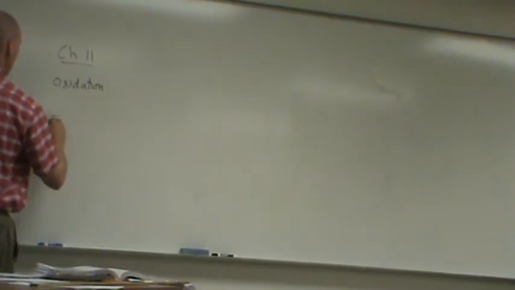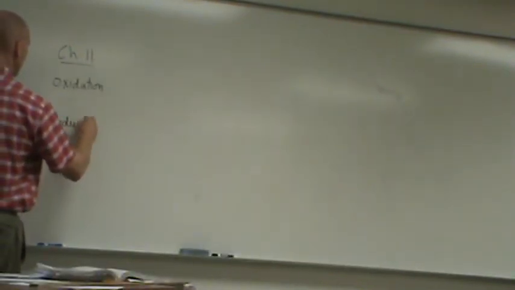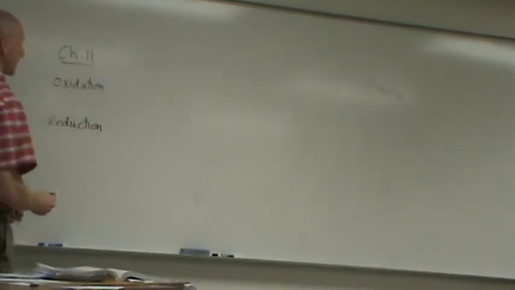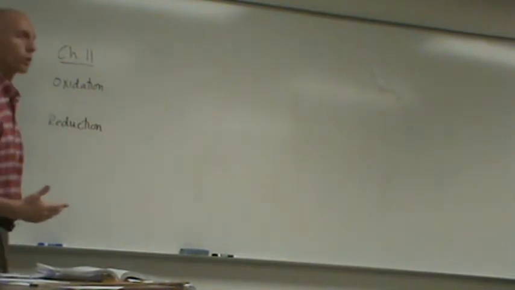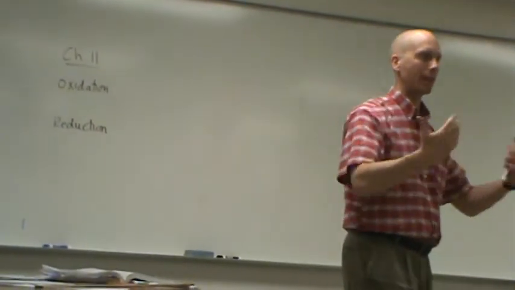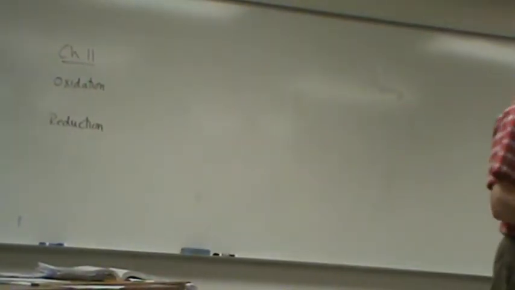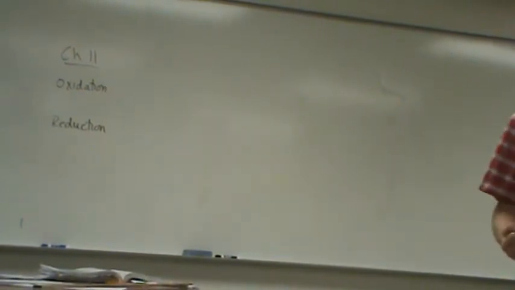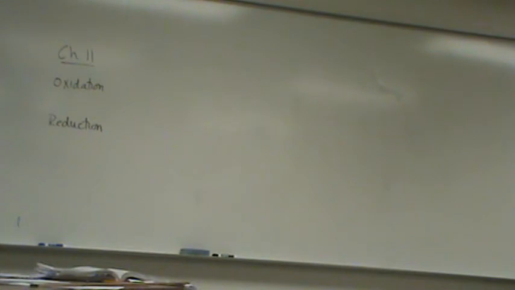Let's see if we can give it a formal definition, as well as the definition of reduction. Remember, in general chemistry, oxidation and reduction were based on electron transfer. Oxidation, you would lose electrons. Reduction, you would gain electrons.